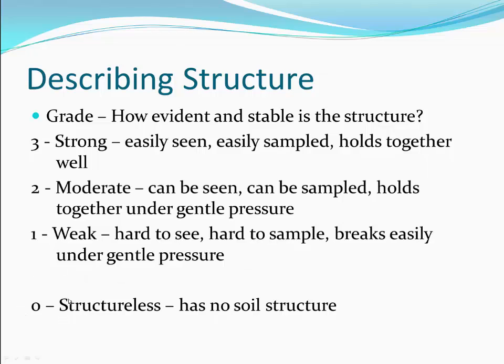If the soil has no natural soil structure, it may have shapes, it may have masses, it may have layering, but if it has no soil structure, then it is called structureless, and then it's going to be described by its coherence. It's either non-coherent, single grain, or coherent, massive.